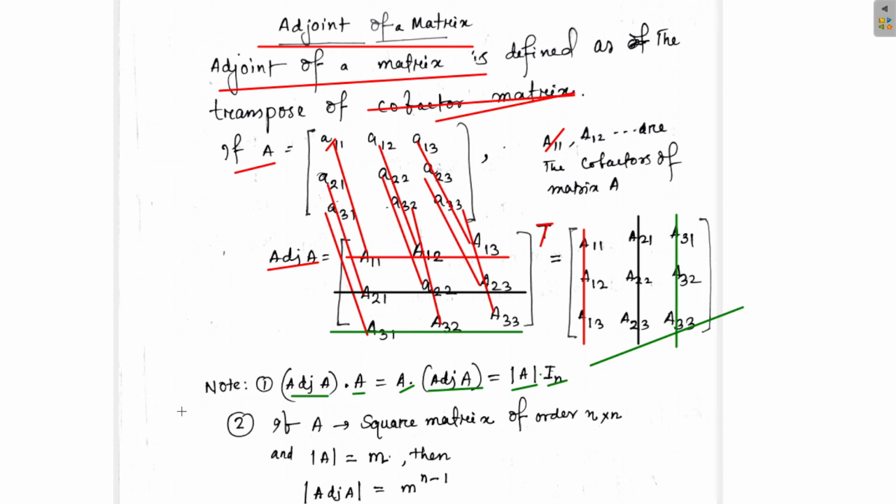The second property is that if A is a square matrix of order n cross n and the determinant of the matrix A is given by m, then the determinant of the adjoint of matrix A is given by m raised to the power n minus 1.